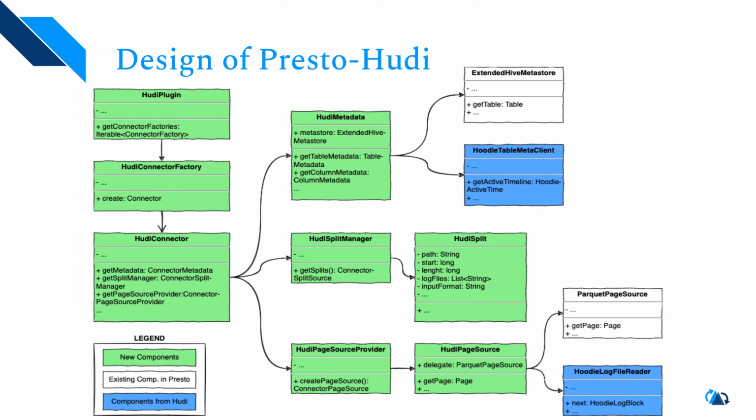Two other unique things, which are different from the Hive connector, is that first, we are reusing any optimizations that Presto has already done for reading the pages itself. So for example, for copy on write tables, those are basically Parquet files, right? So we did not write any new page source.